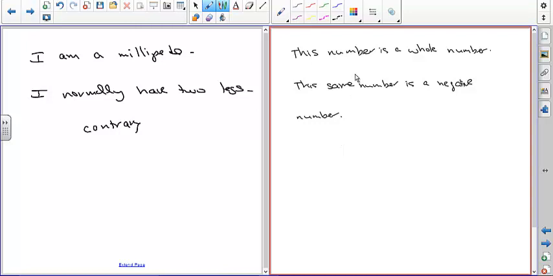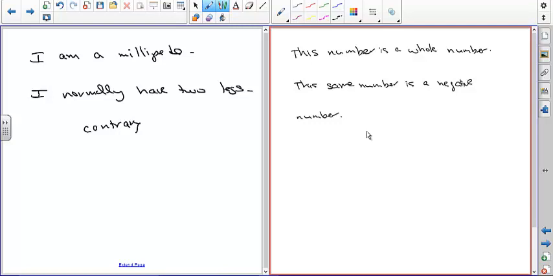So here's another one. This number is a whole number. The same number is a negative number. Is that consistent or contrary? Can you be a whole number and also be a negative number? Well, whole numbers are always positive or zero, and negative numbers are negative. So in this case, they are contrary.